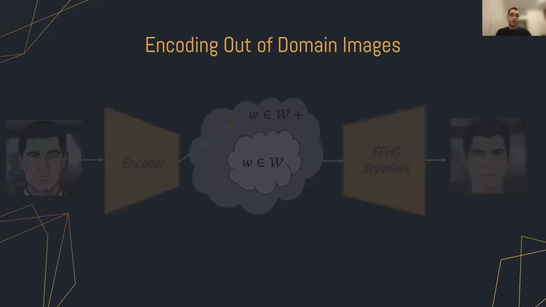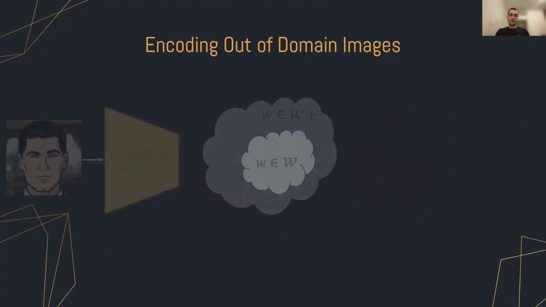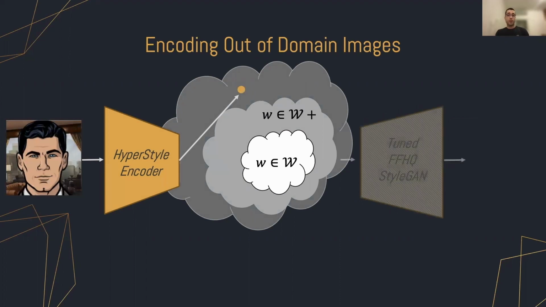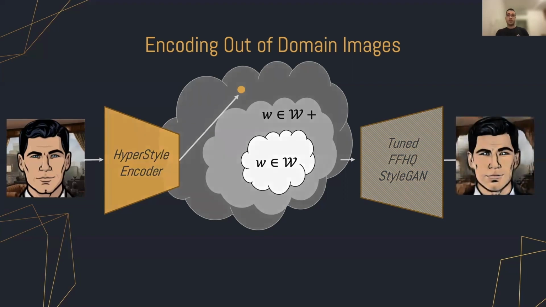Now with HyperStyle, we think about it as extending the latent space of StyleGAN. So now if we get a cartoon image, we're going to be able to more accurately encode it, even when the image was unobserved, both for StyleGAN and for the HyperStyle encoder. And now, since we're able to extend the latent space of StyleGAN, to inject the cartoon into its latent space, we're able to get a much more faithful reconstruction of the cartoon.